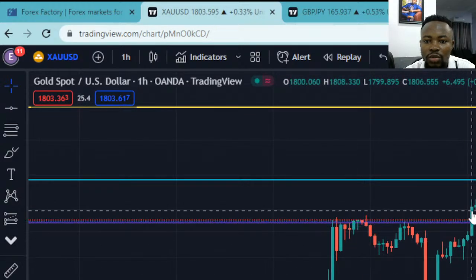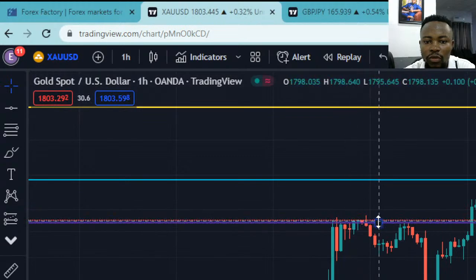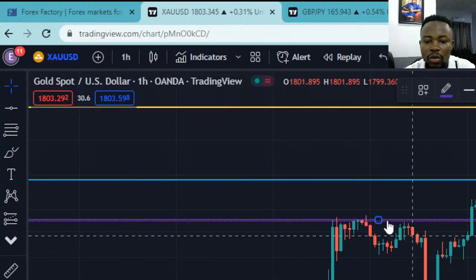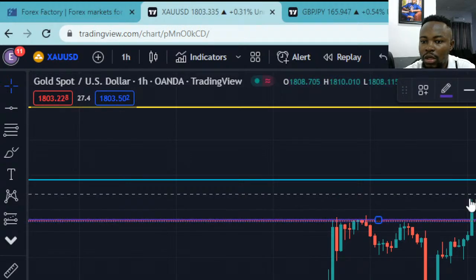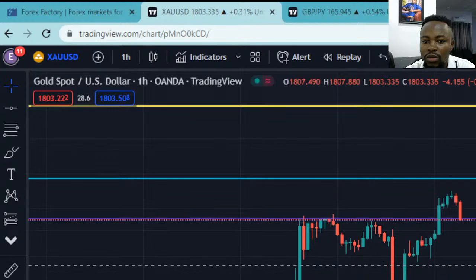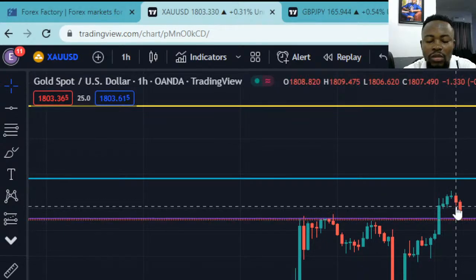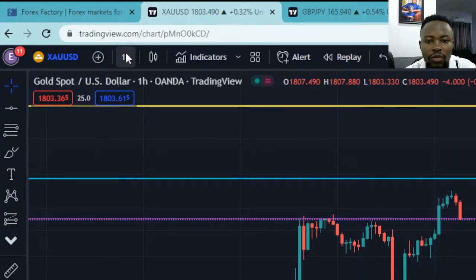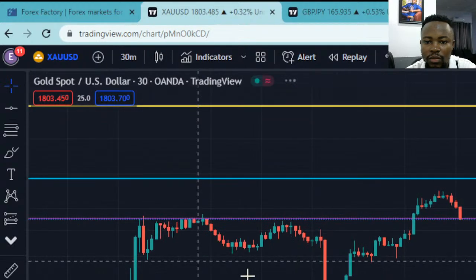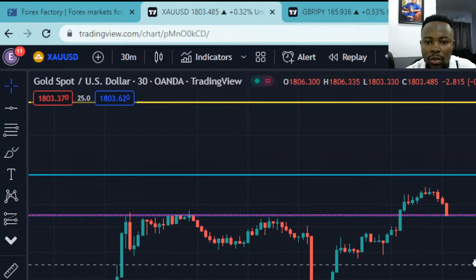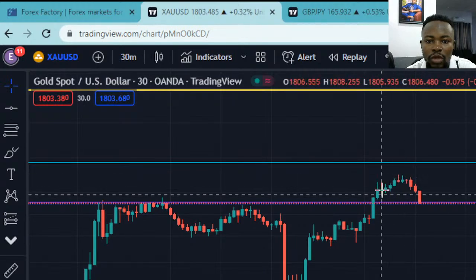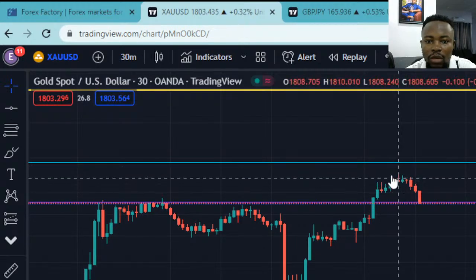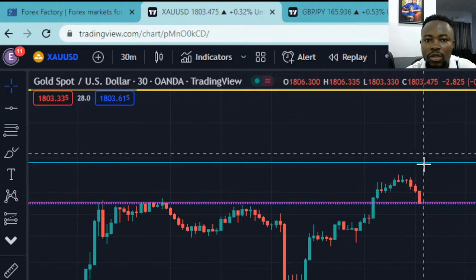So the Asian session closed above resistance, right? We closed above resistance, and at this point we are moving down to retest the area of breakout. Here on gold, we keep an eye, and let's identify on the 30 minutes time frame. All right, so if gold closes back in this range, that means we tried to move up, but there was no volume there to keep us up, right?